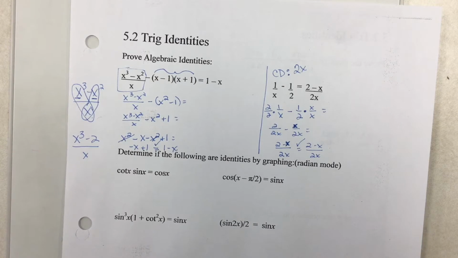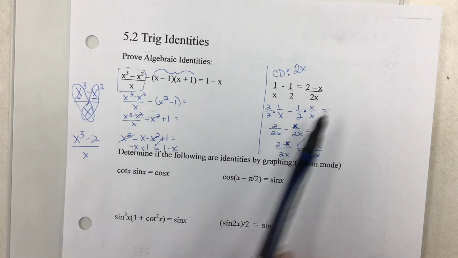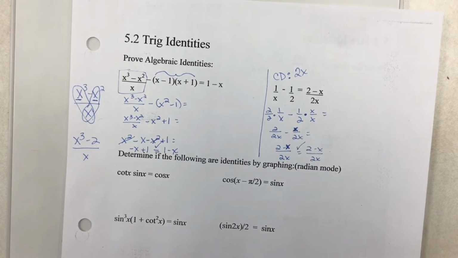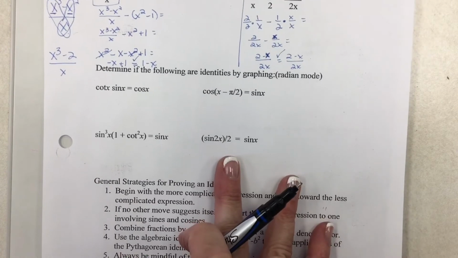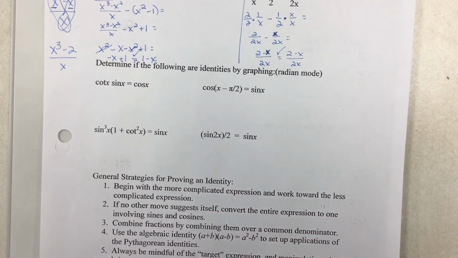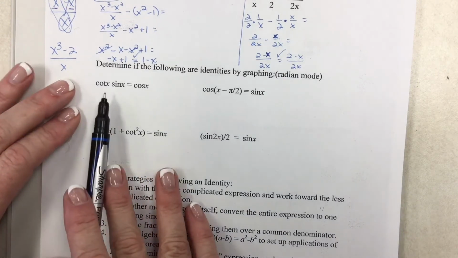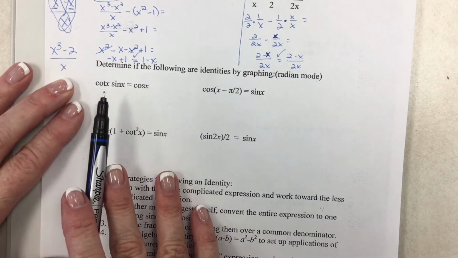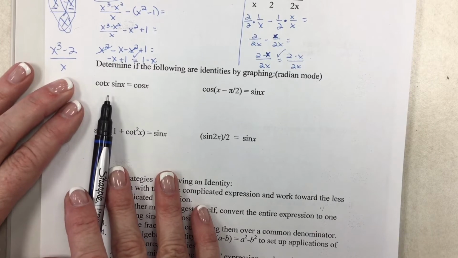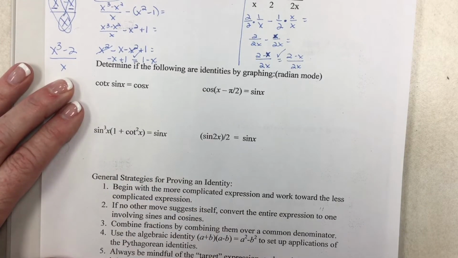Okay, so that's what we're going to be doing, but we're going to be throwing it in with some trig identities. The graphing section that I have next on the notes, we're not going to actually do together in class. What I would like you to do, though, is at some time, Friday or Saturday night, when you're bored and got your calculator handy and want to play around, go for it.